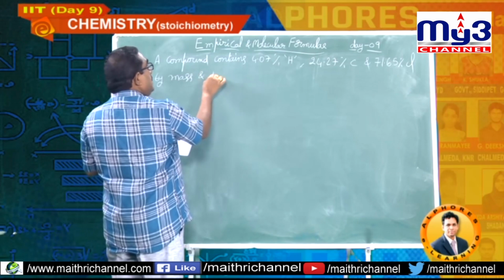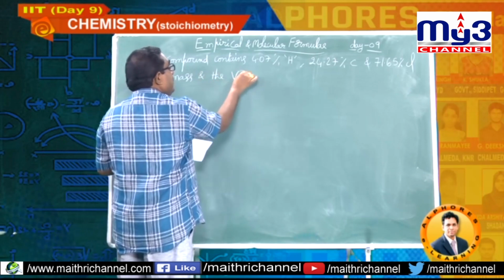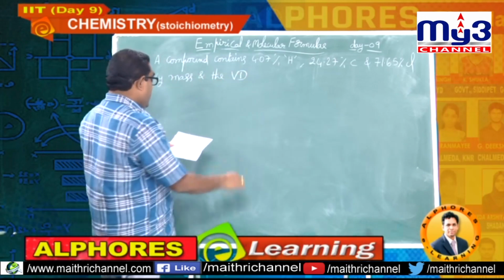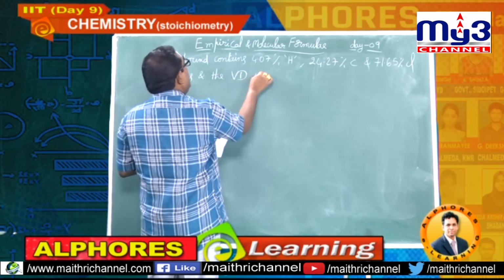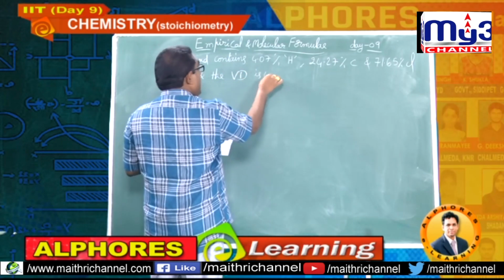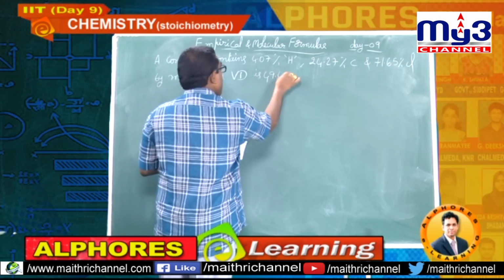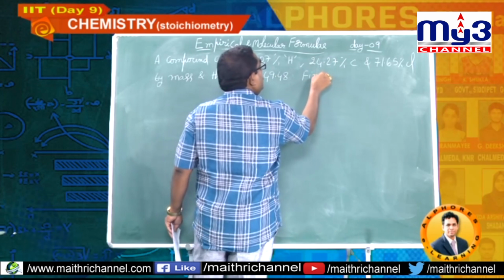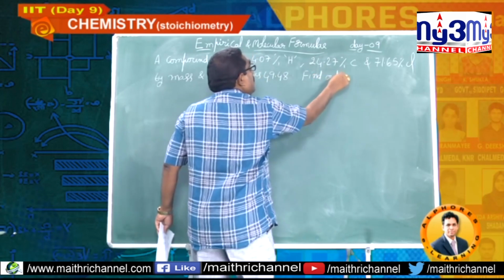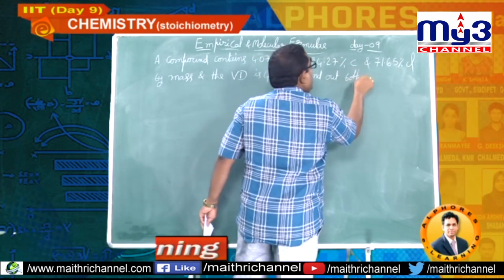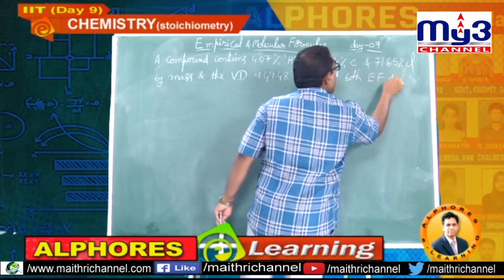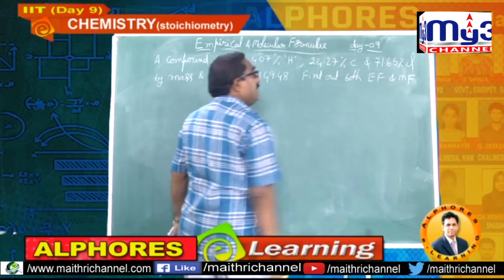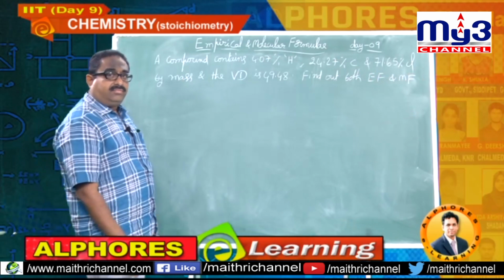And the vapor density, VD means vapor density, is 49.48. The question is, find out both the empirical formula and the molecular formula of the compound.